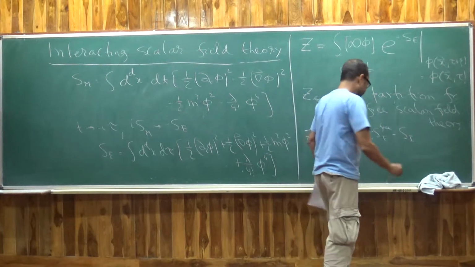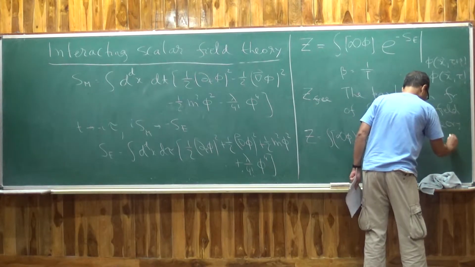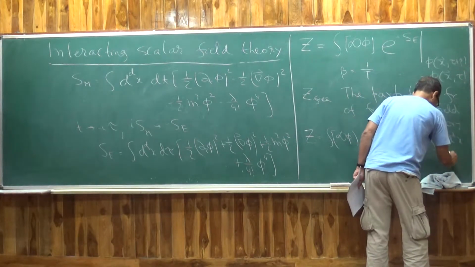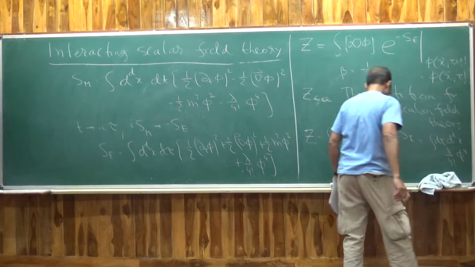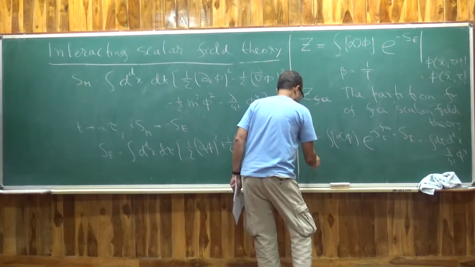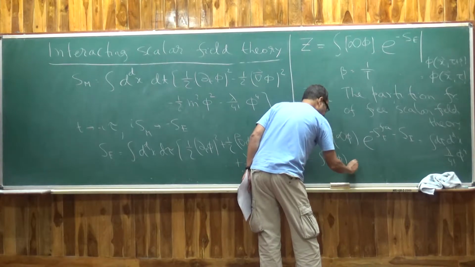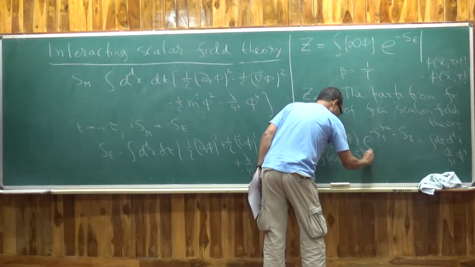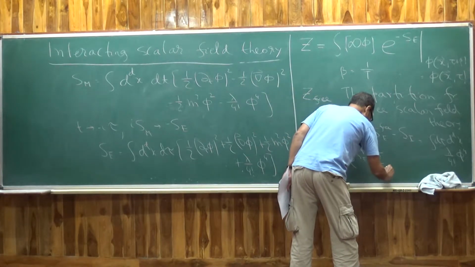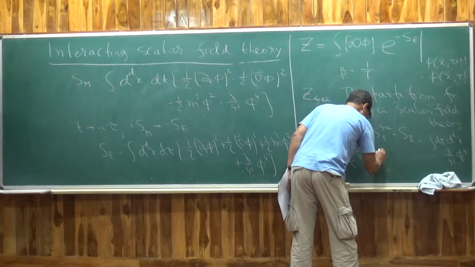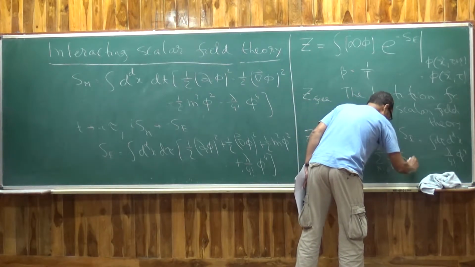S_I is basically integral d tau d^dx lambda over 4 factorial phi to the 4, and then I'll just expand it out. So it's integral d phi e to the minus S_free, and then sum over n equal to 0 to infinity 1 over n factorial (minus S_I) to the power n.